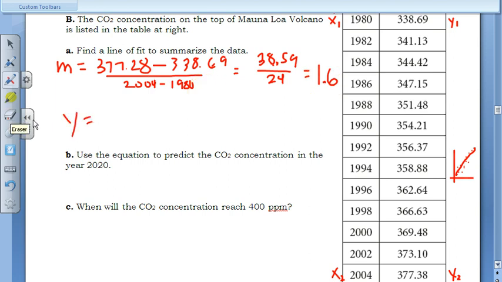So my equation is y equals slope times (x minus x1) plus y1.